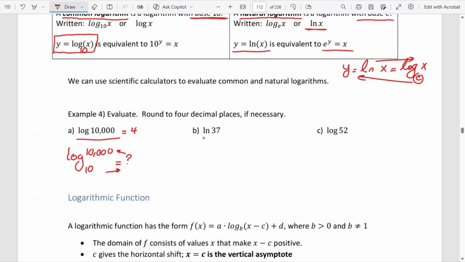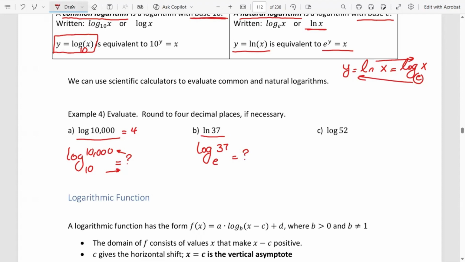Next example, part B, we want to find the ln of 37. ln of 37 means the log of 37 base e. I have no answer because I don't know e to what power is 37. So I have to use the calculator.